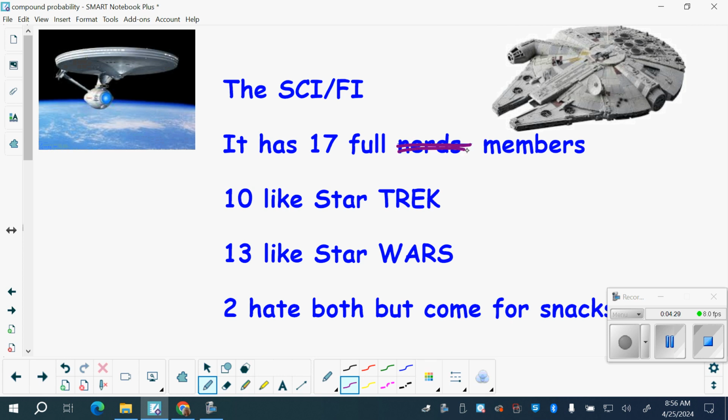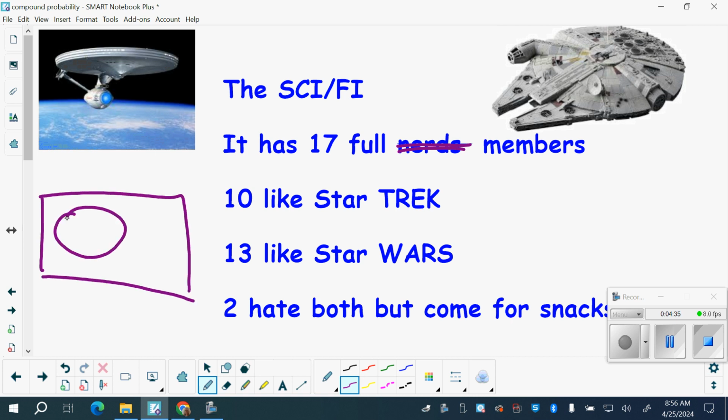So the first thing I want you guys to do is to please draw me your Venn diagram, right? So here are my Star Trek people. Here are my Wars people. Think how many, ooh, 2 have nothing. So add those up. See how many we've double counted. Put that in the middle. Give it a try. I'm going to help you in a second.